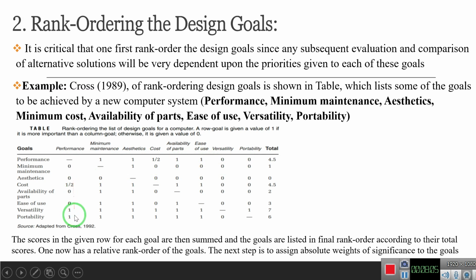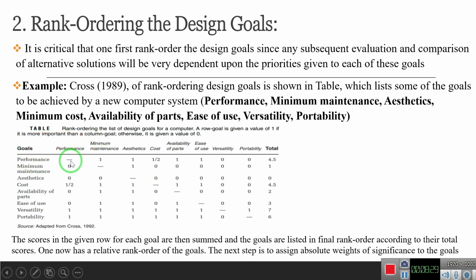The same will come here in the vertical. Minimum maintenance with performance is 0, because it was 1. Aesthetic with performance, previously it is 0, because it is 1 with performance, meaning the opposite will come. Whatever the row is, the column will be reversed.